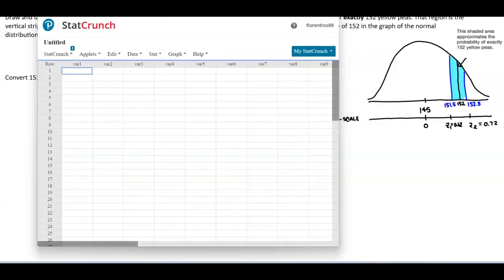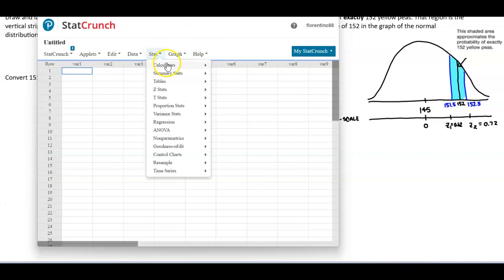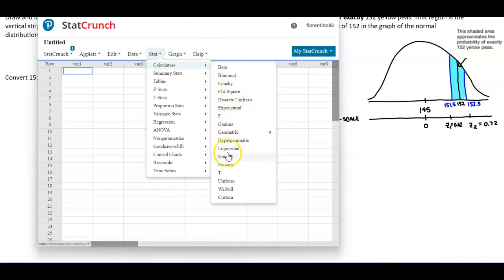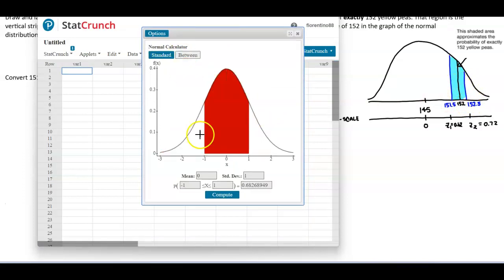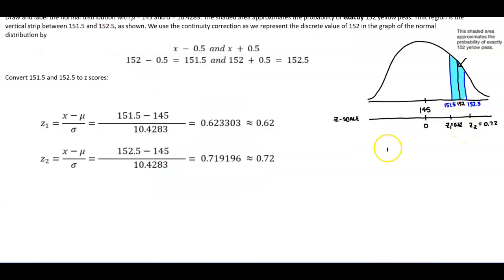Recall that to do this, we go to Stat, select Calculators, and then scroll down to Normal. We're trying to find the area in between, so we select the Between option. We want to make sure our mean is 0 and our standard deviation is 1. We're looking for the probability of being in between 0.62 and 0.72. We put z here since these are our z-scores.